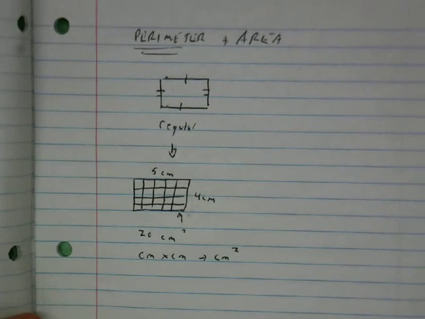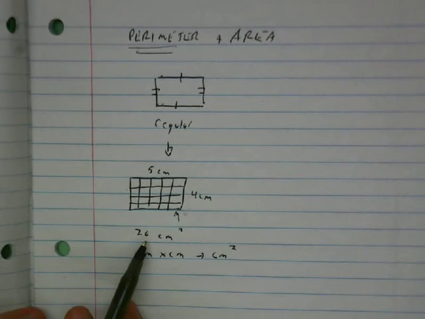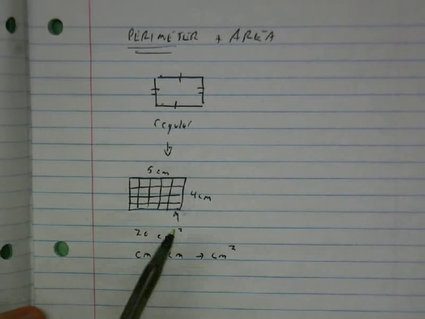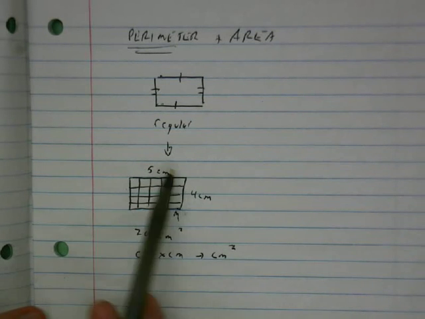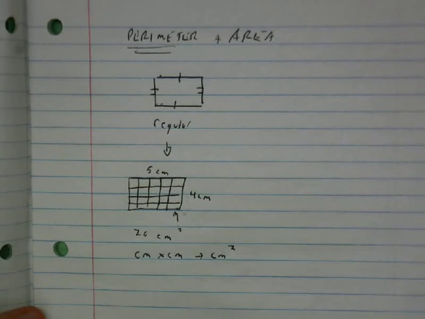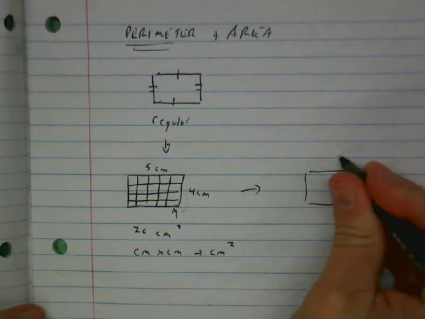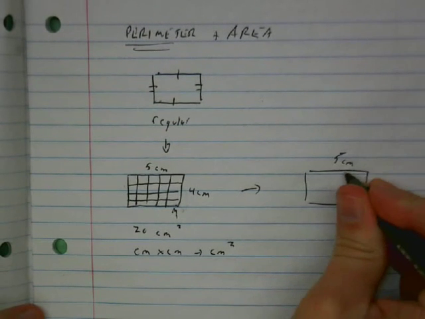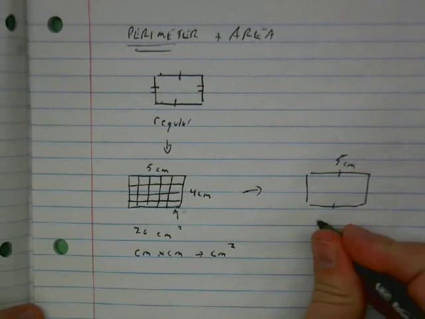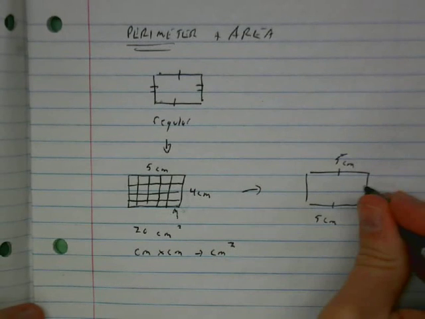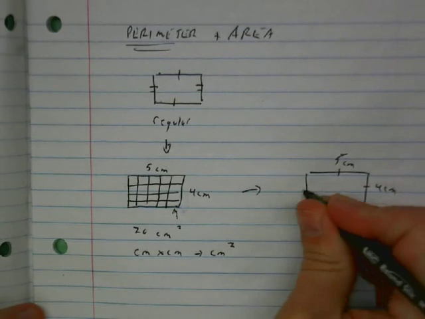Since we have 20 as our area, to get the perimeter, all we're doing is counting the distance around the object, like how we did the distance around the school. If I transfer this over, this side is 5 centimeters. Because we have the one dash, we know the other side is 5. This side is 4, so the other side is 4 centimeters.